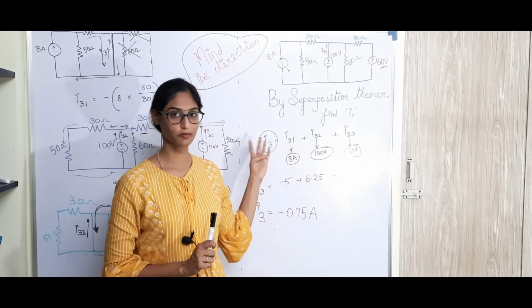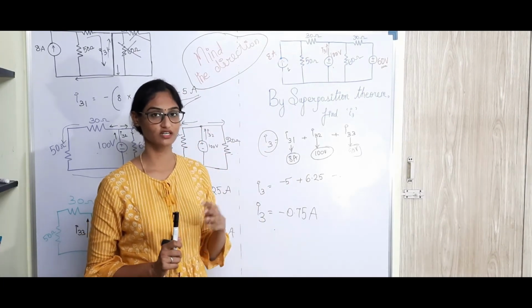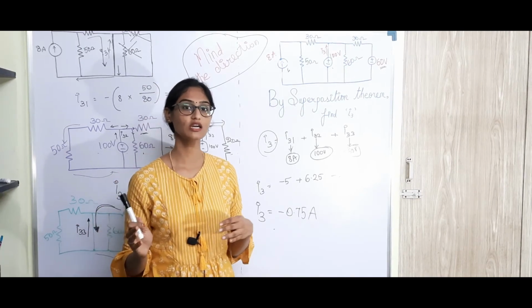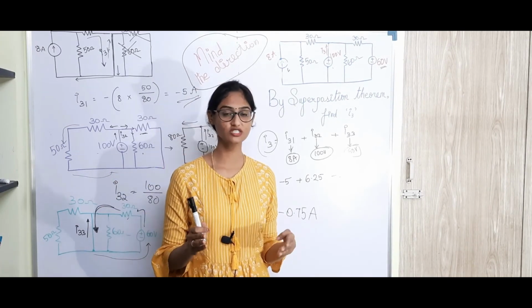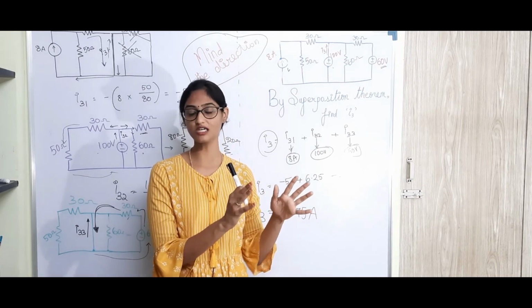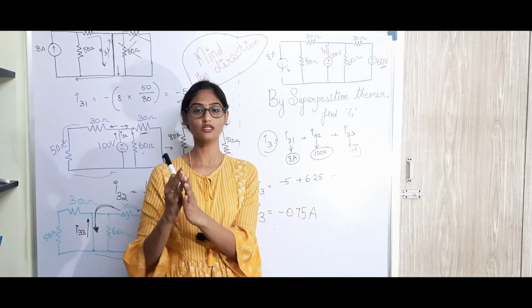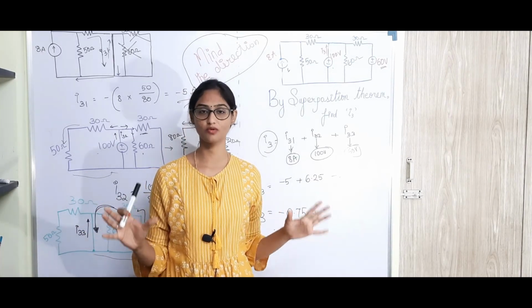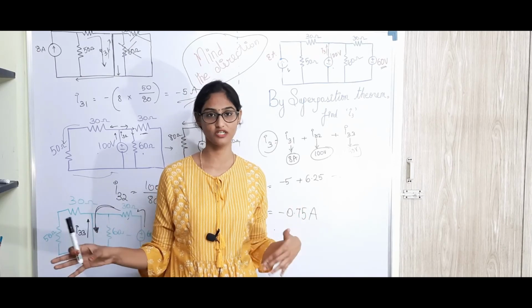So by these 4 problems, I hope you would have understood superposition theorem better, and very soon I will be teaching you a method called source transformation technique. If you have a current source in parallel with a resistor, you can convert it to a voltage source in series with a resistor.